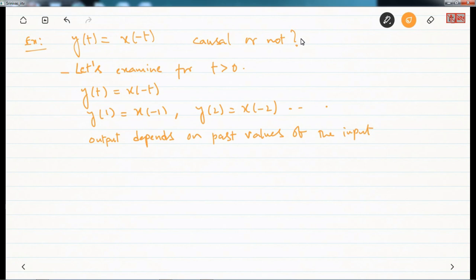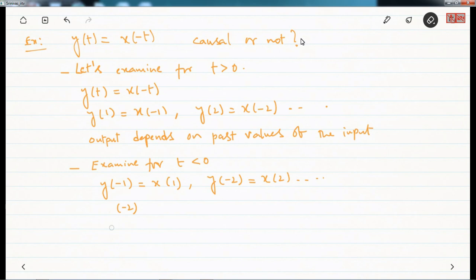Okay, but let's not jump to conclusions right now. Now let's examine for t less than 0. That means y of minus 1 is equal to x of plus 1, y of minus 2 is equal to x of plus 2, and so on.